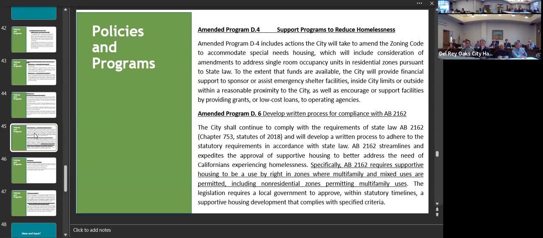And then there's a law regarding municipal compliance, developing a written process, and we just amended that to be a little more specific about where housing is permitted. It was just a sentence that was taken out the last time. Next slide.